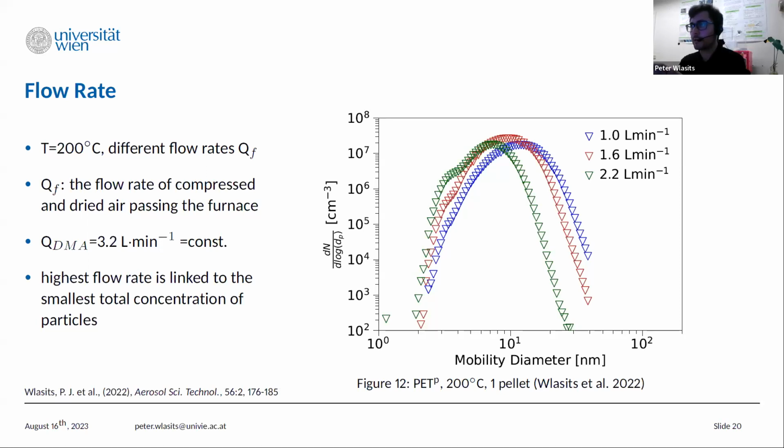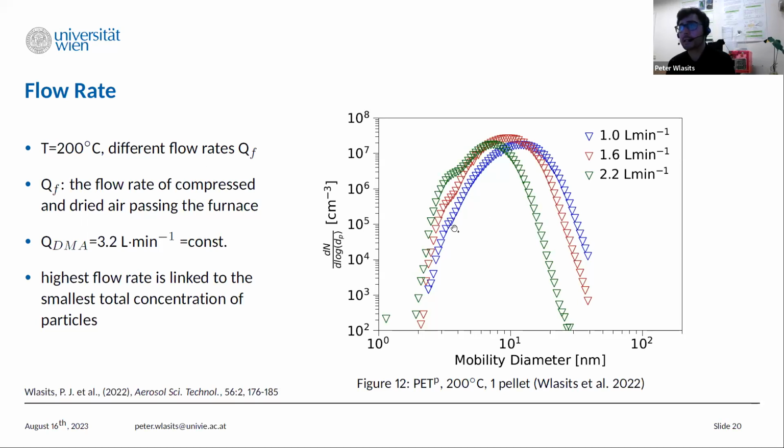And here we can again see significant differences, although I need to say that the onset of the size distributions is probably not significant, so that's actually pretty robust here, and the same for the uncertainties. But what we can see again is the positions of the maxima, and also, with increasing flow rates, a narrowing of the size distributions, which is pretty interesting.